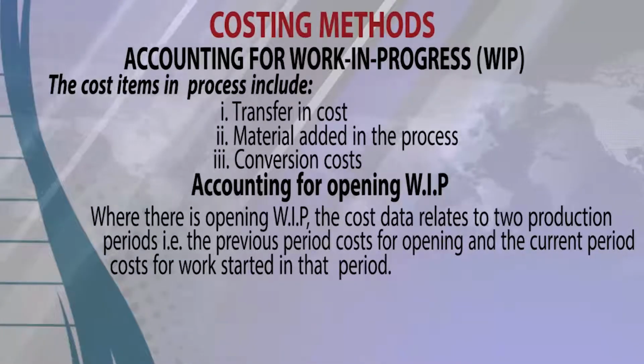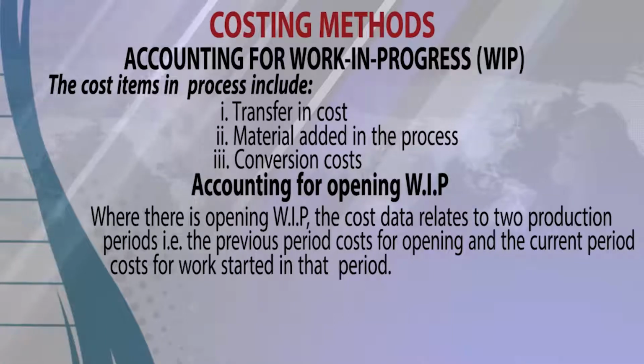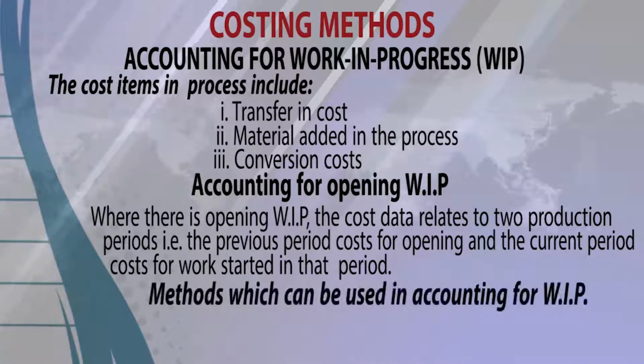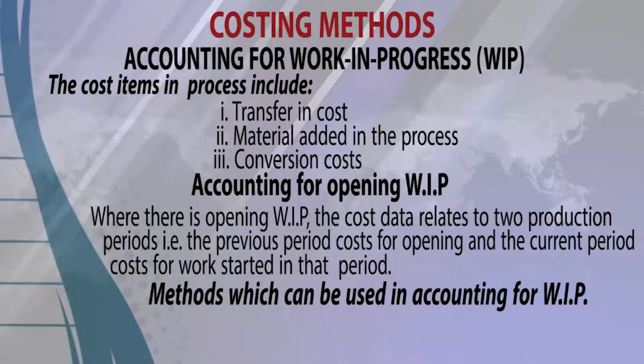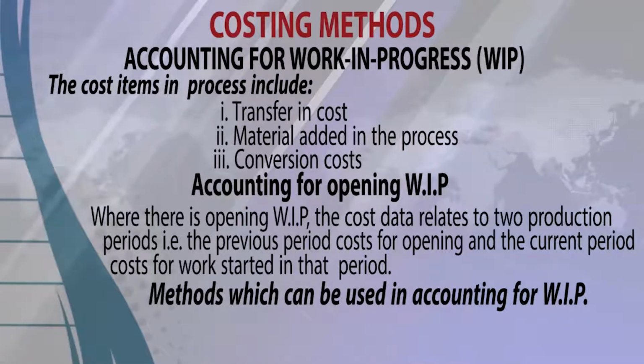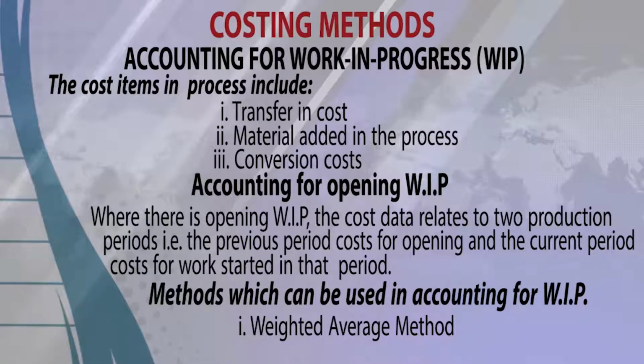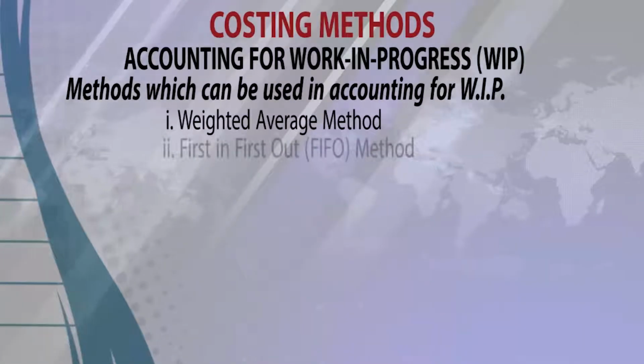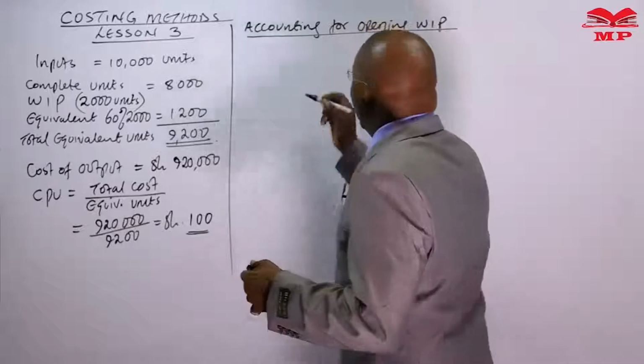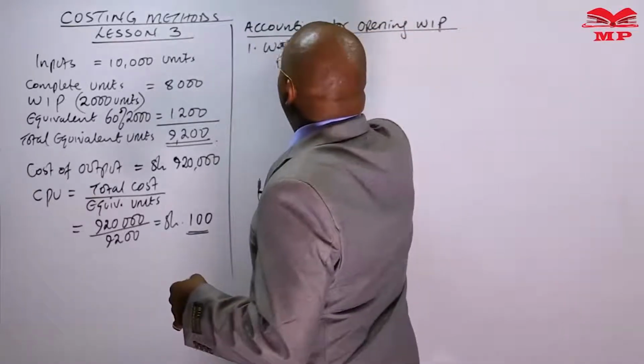Now, there are two methods which can be used in accounting for work in progress, namely, the weighted average method and the first in, first out method. So there are two methods.